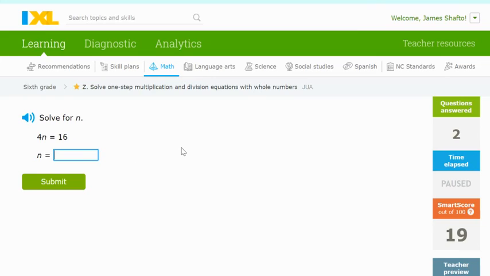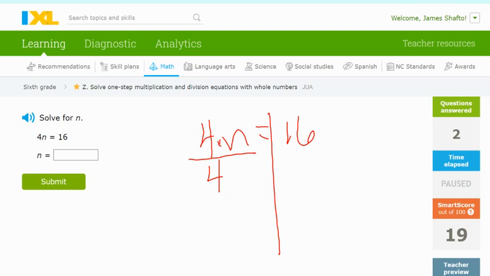On the next problem, it says 4n equals 16. Again, I have this as 4 times n, because when letters are mashed up against a number, it means multiply. And the opposite of multiplying is dividing. So I'm going to use a fraction bar and divide by 4.